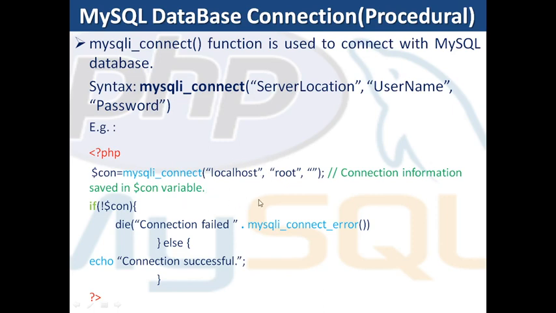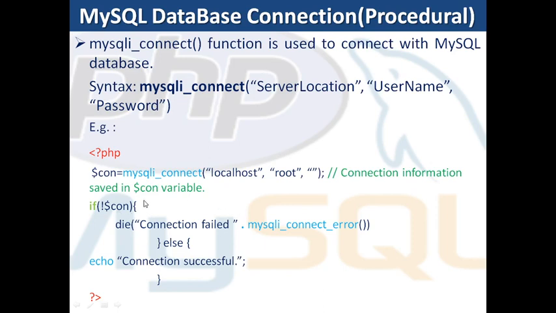The first argument is localhost as my MySQL database server is within this PC itself, then the username root and there is no password. Even if there is no password, we have to pass this argument, otherwise it will throw an error.